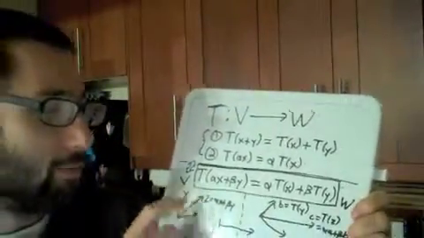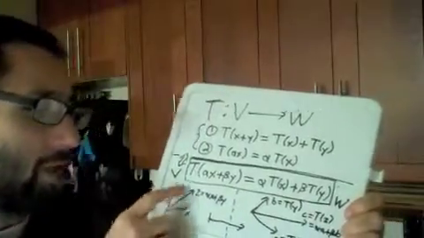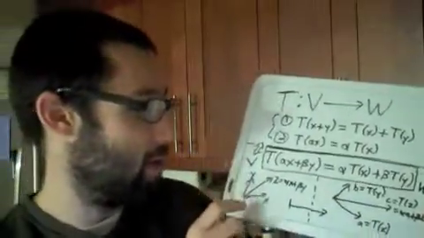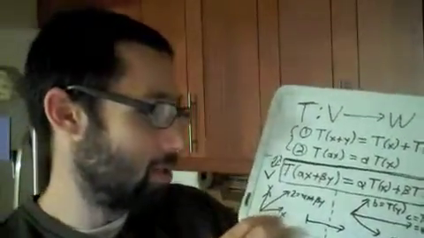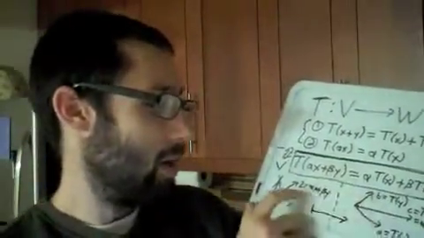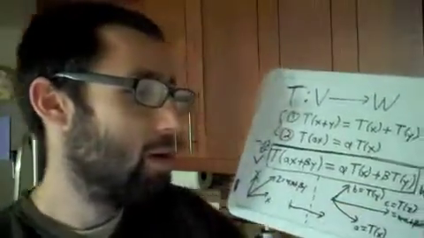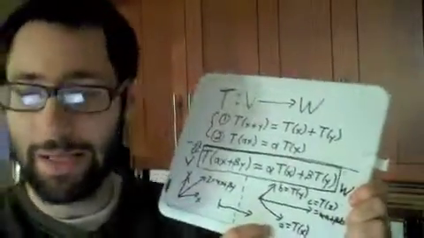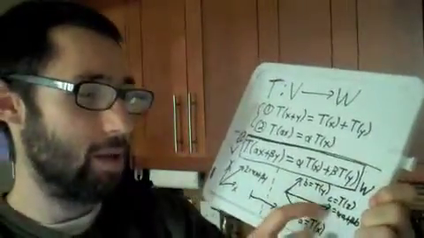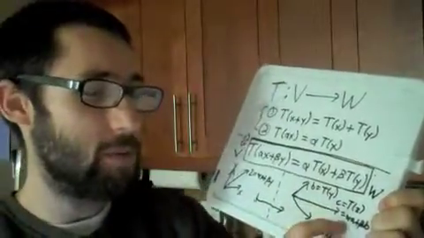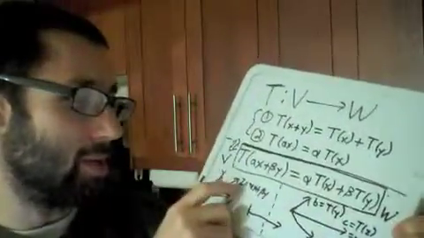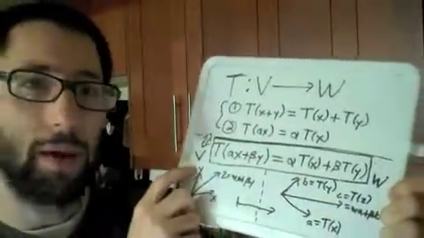For T to be a linear transformation means that if this is what's happening in the vector space V, and we map each one of them, so T of x is a, T of y is b, and T of z is c, then these vectors have to be related in the exact same manner in the world of W. That is, c, the new vector in W, has to be alpha a plus beta b, just like its input z was alpha x plus beta y.